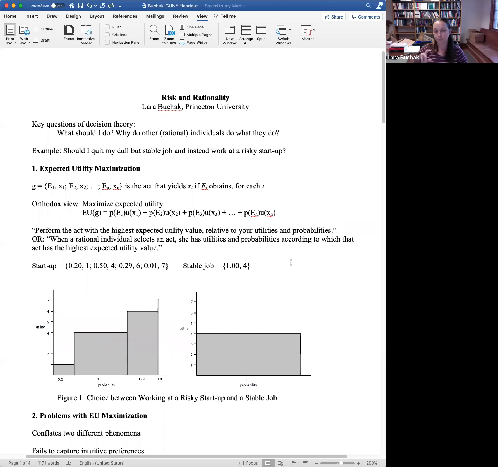But there are two different views of how we get them. The first view is that there are these things that we have access to, they're in your head. You can say, how much do you like wild success? How much do you hate a really boring workday? If you have that kind of view, then the first norm makes more sense. So you take the utility of each consequence and perform the act with the highest expected utility.